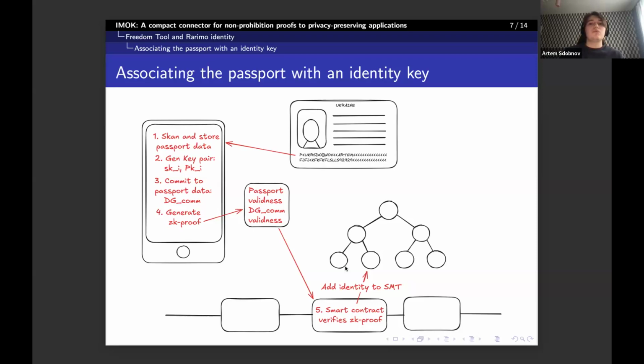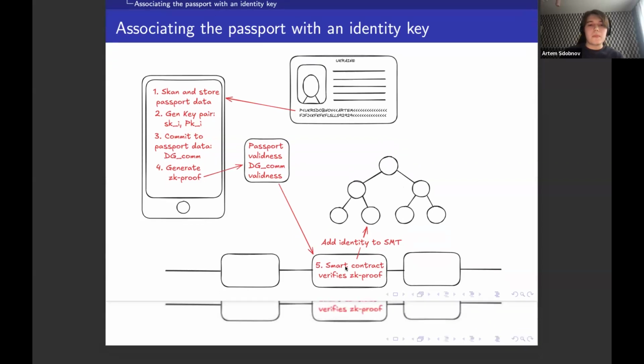So now you've registered your identity and can use it in any way. Because the DG commitment does not reveal any information about yourself, you won't send any of your personal information to the blockchain.